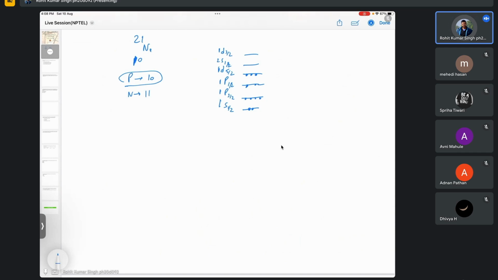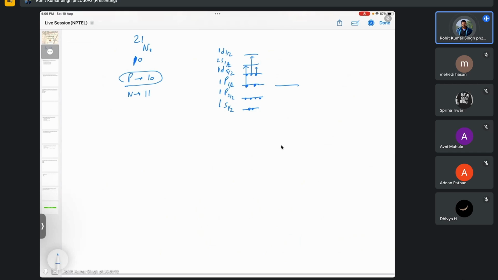Now the question is, in the excited state, what could happen? What are the possibilities? Suppose one of the neutrons from here can go to the s 1/2 state, or maybe it will go further to the d 3/2 state. Or one of the neutrons from the p 1/2 state can go to the s 1/2 state.